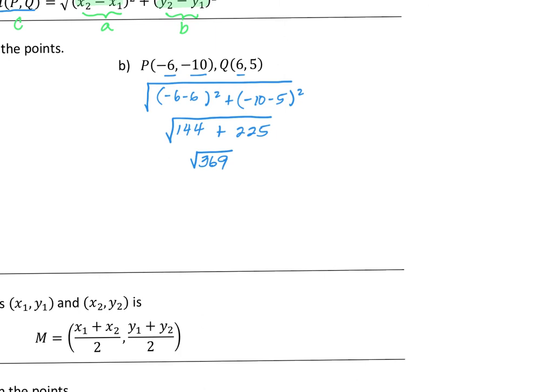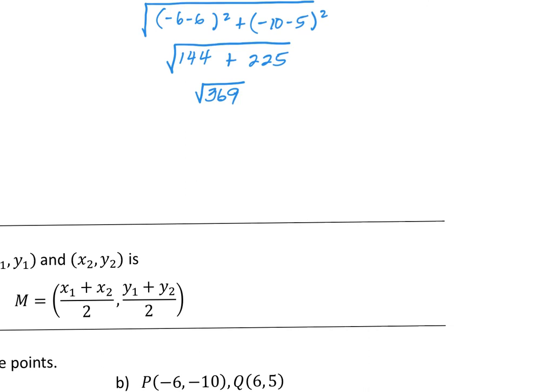That is divisible by 9, so I can simplify this further because this is 9 times 41, which would give me 3 square root of 41, and I believe that is as simple as I can get the distance between those points.